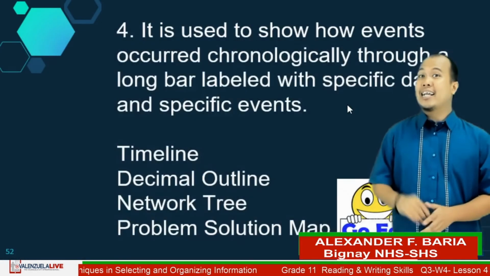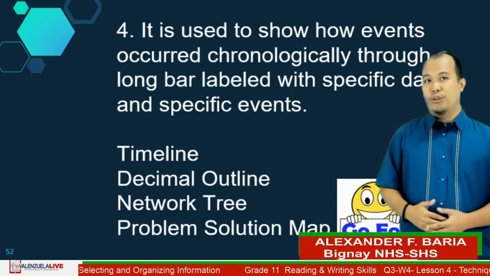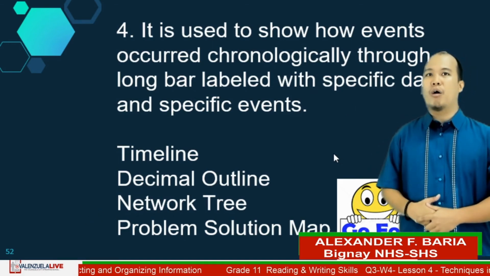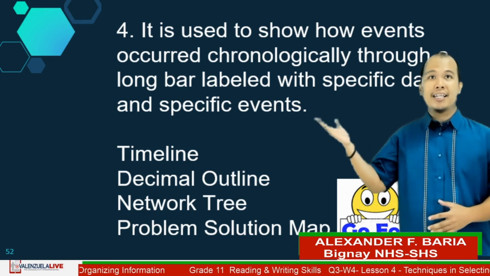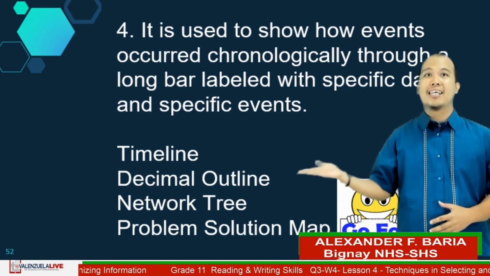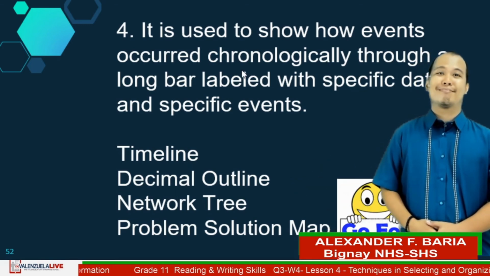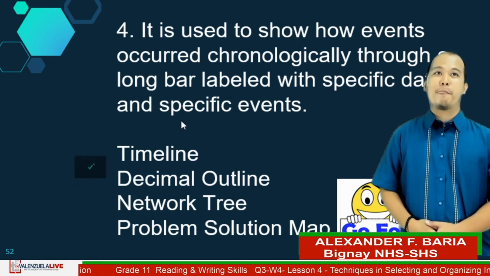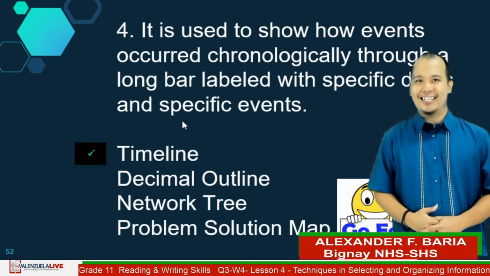Number 4, it is used to show how events occurred chronologically through a long label of bar with specific dates and specific events. Is it timeline, decimal outline, network tree, or problem solution map? Very well answered. It is timeline.